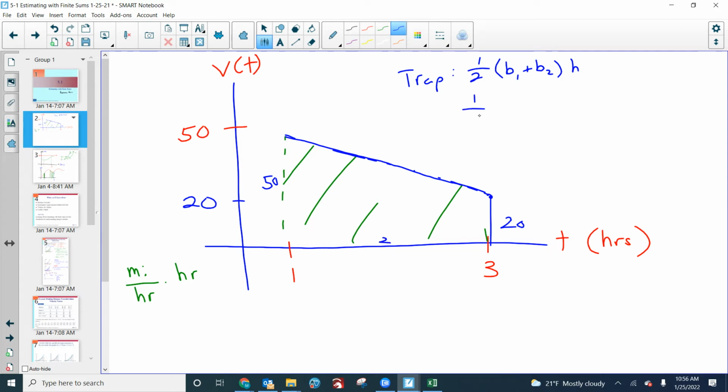And so 1/2 times 20 plus 50 times 2. Well, the 2 and 1/2 cancel. What do I get? 70 miles. It's getting more exciting now, isn't it? I mean, if you're a grandpa, it's about how you drive. Don't take that as a challenge.